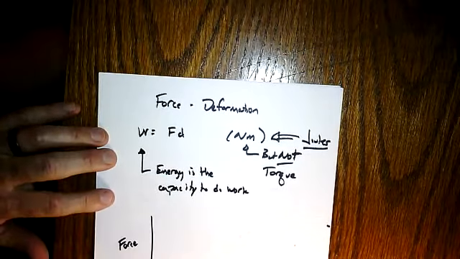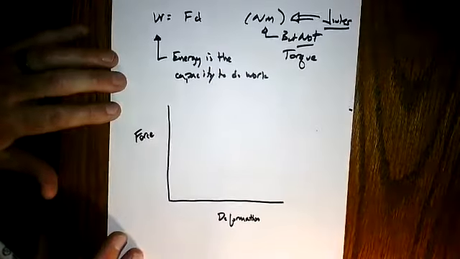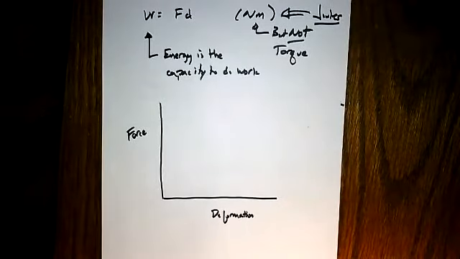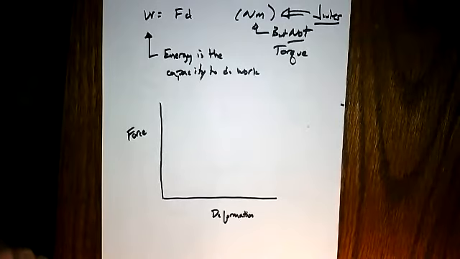All right, so now I'm going to look at a force deformation curve. I'm going to draw this out to represent what happens during a shoe impact test. Remember, what we have here is a situation where the impact tester contacts the shoe, the missile contacts the very top of the shoe, and then ultimately compresses the shoe to some maximum deformation, and then it recoils.